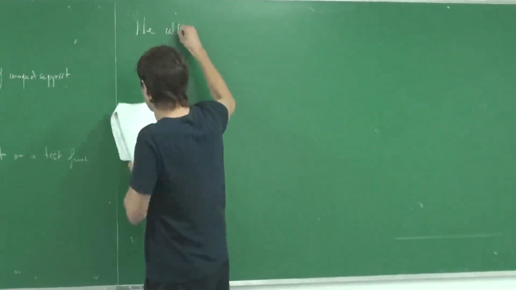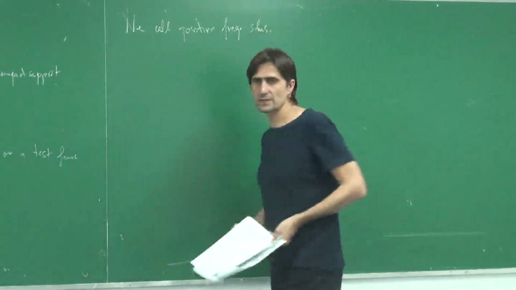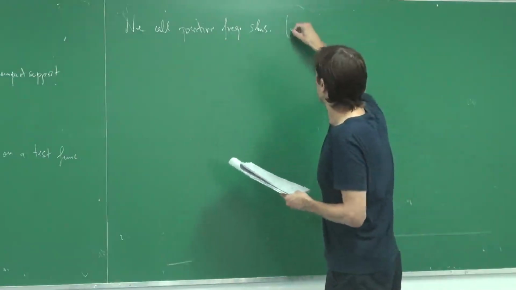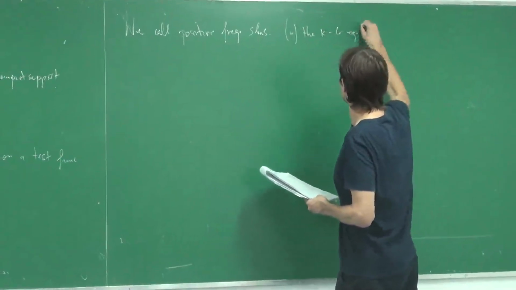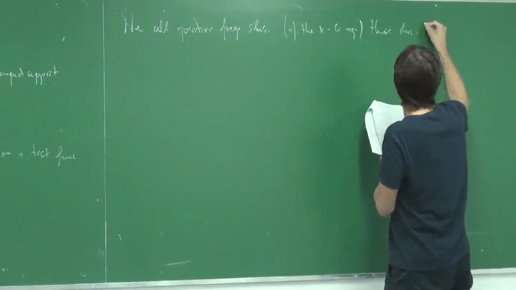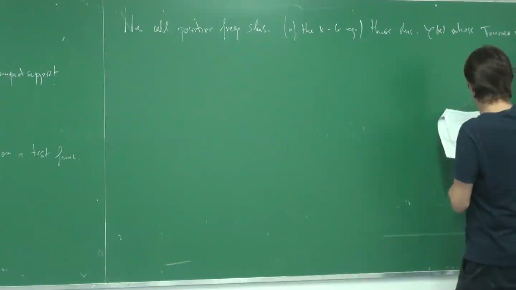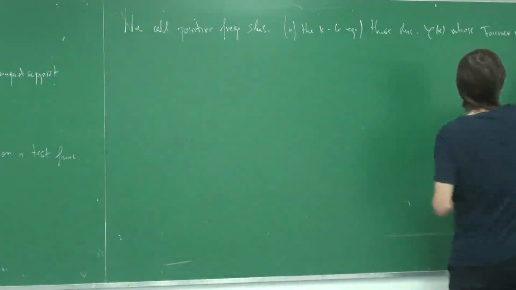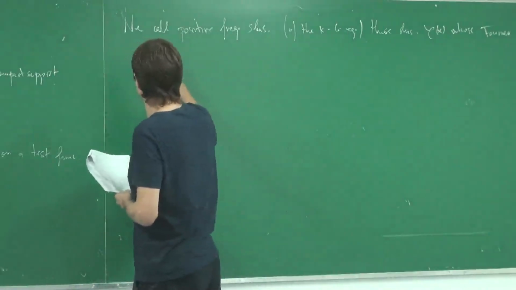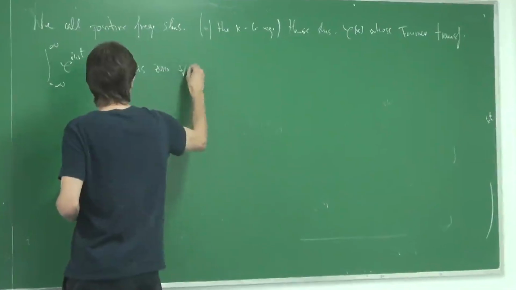So we call positive frequency solutions, and when I say solutions, I mean solutions of the Klein-Gordon equation, those solutions whose Fourier transform is 0 for all negative omega.